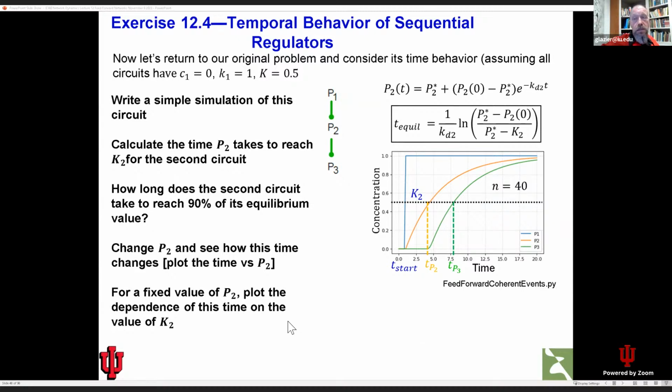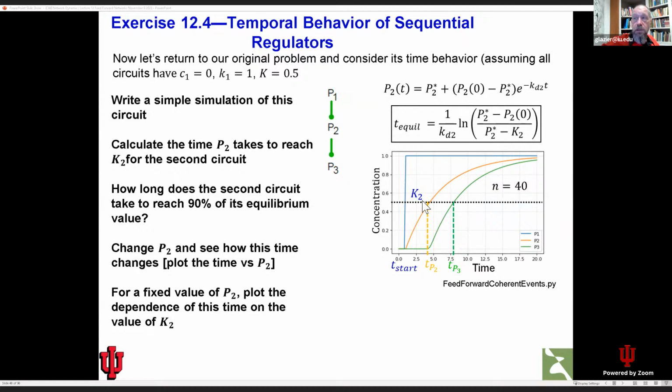And then here it asks you, and I keep saying a fixed value of P2. What it should say is a fixed value of P1 instead of P2. Plot the dependence of this time on the value of K2. What you'll see here is that if I make K2 bigger, it takes longer and longer for P2 to reach K2, which means it takes longer and longer for P3 to start turning on.